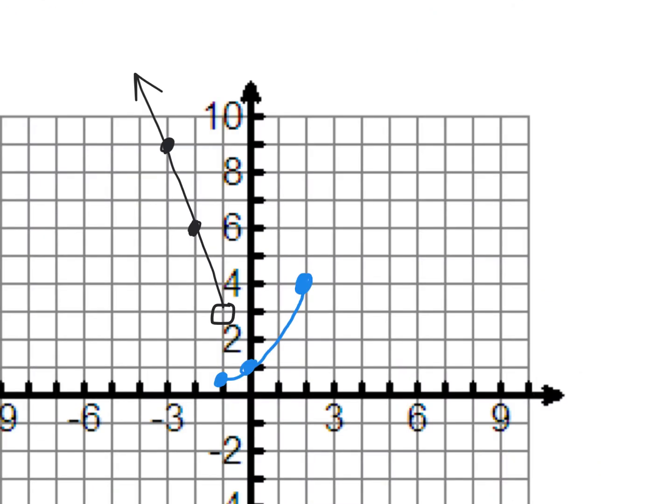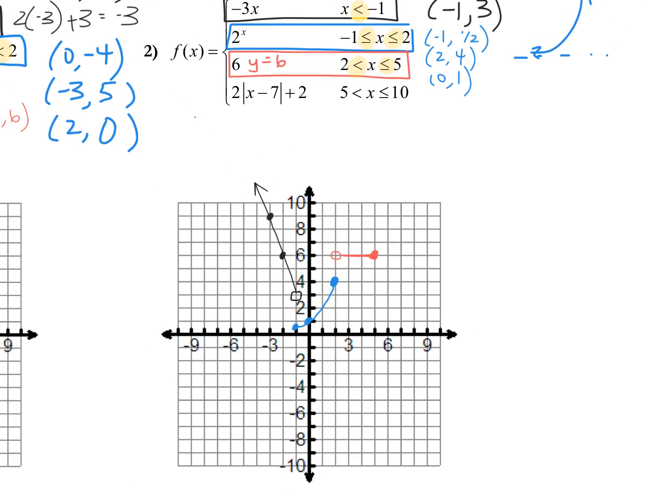So 2, 6 is right here, open circle. That's really good that that's an open circle because this one is a closed one. If they were both closed, that would make it not a function. That's why we have all this open circle, closed circle nonsense. Anyways, and then going to 5 with a closed circle, just connect the horizontal line. Okay, so there's that part.